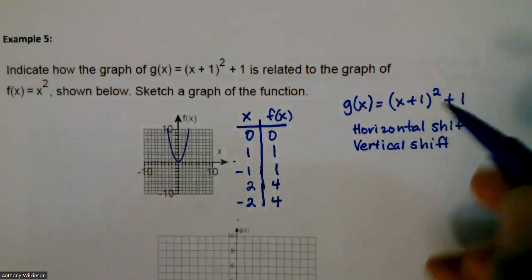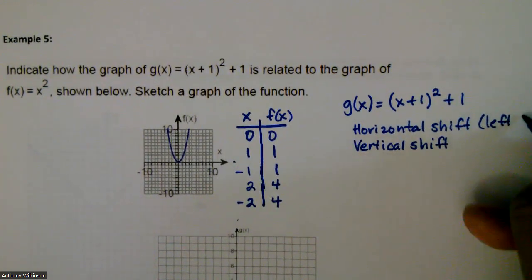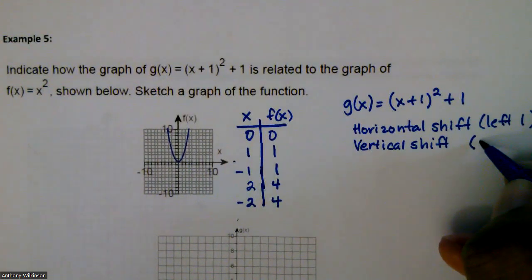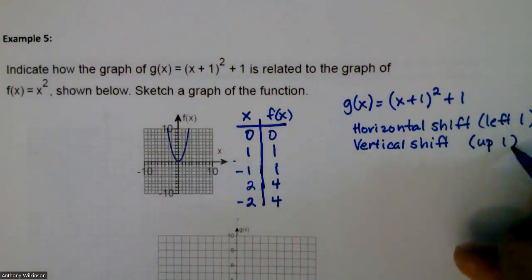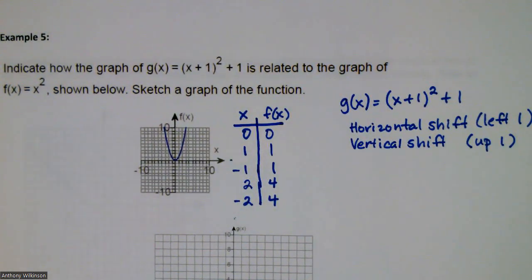So with the horizontal shift, it's a plus 1. That means I need to go to the left 1. The vertical shift means I need to go up 1, because vertical goes up and down. So for each point, I need to go to the left 1 and up 1 to get the final graph of g of x equal to x plus 1 quantity squared plus 1.